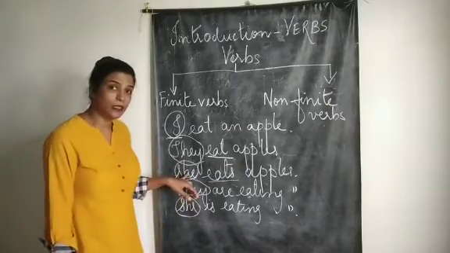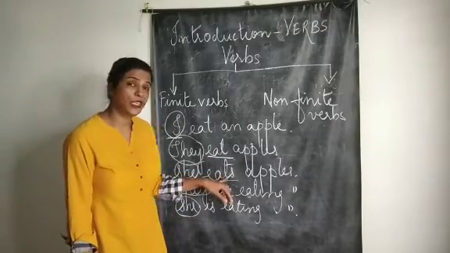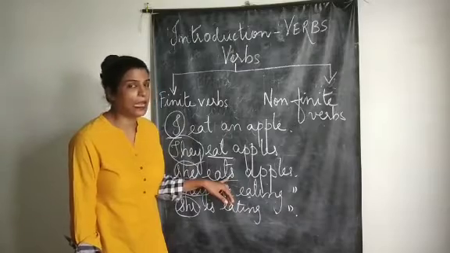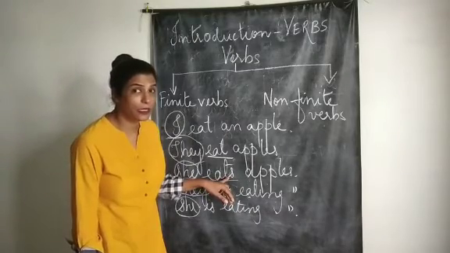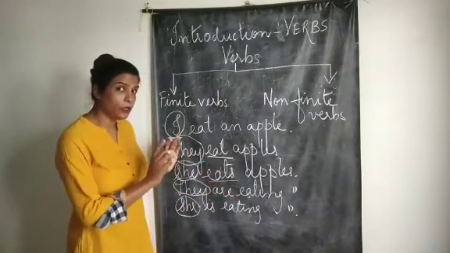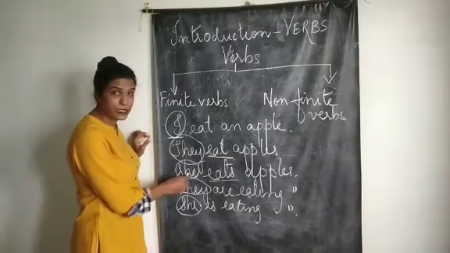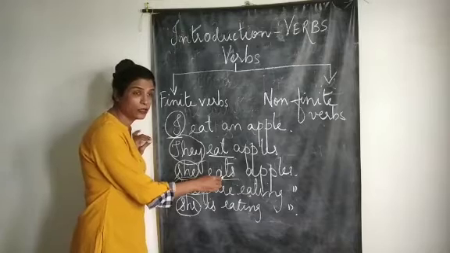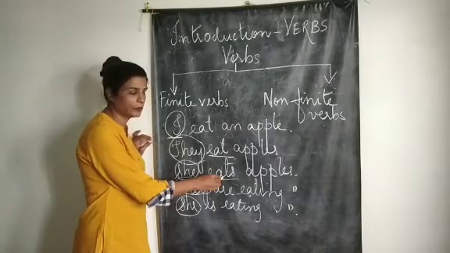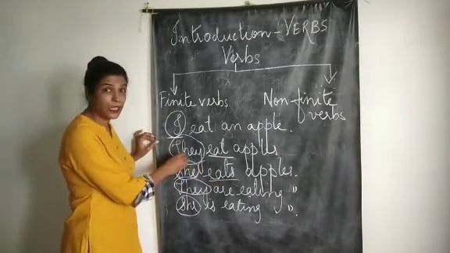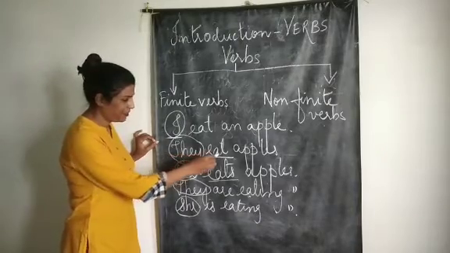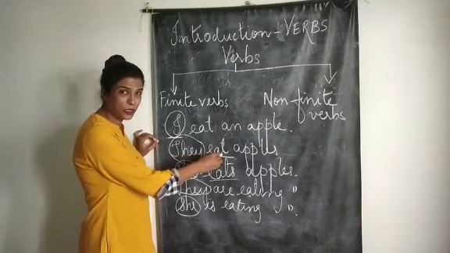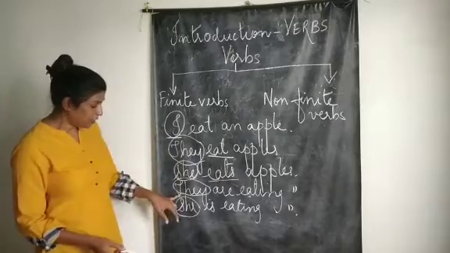When it is singular, the subject is also singular. I have done with you subject and verb agreement, so we're talking about that only. If your subject is singular, your verb is also singular. Verb plus s or es is used as a singular verb. If your subject is plural, the verb is also plural. Now look down.